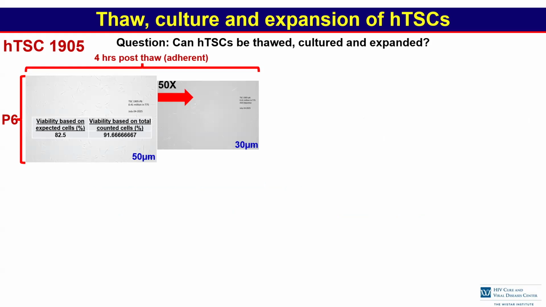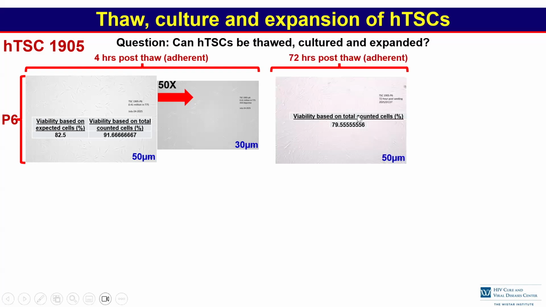So we saw that the viability based on the exclusion of the cells was 82%, and also the viability based on all the cells that we were able to count was 91%, so it was very good. And here we saw the cells at 4 hours, and this magnified version is not very strong, I know, but this is how the picture came up.